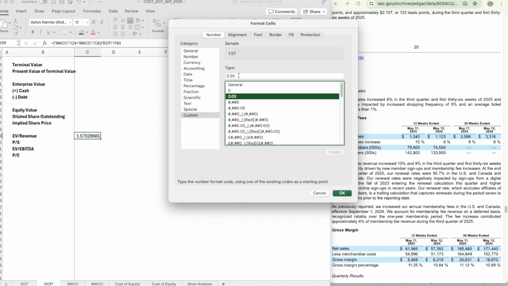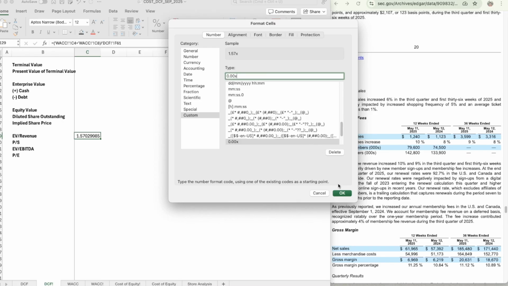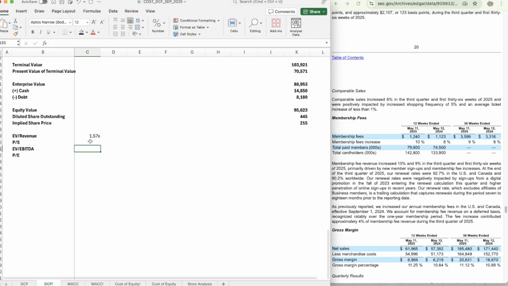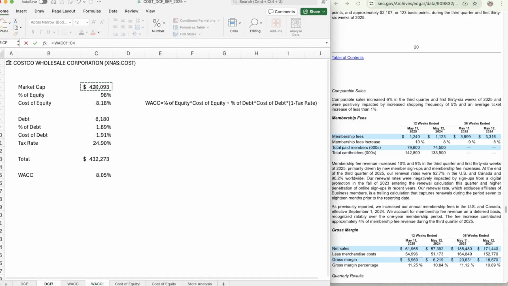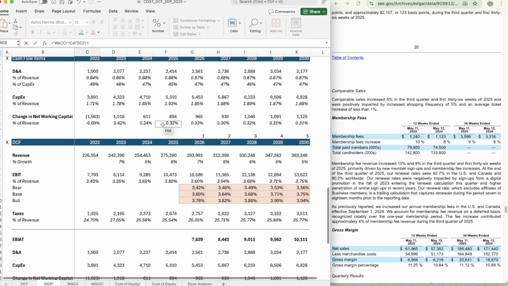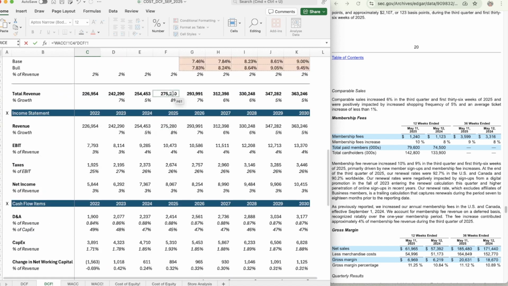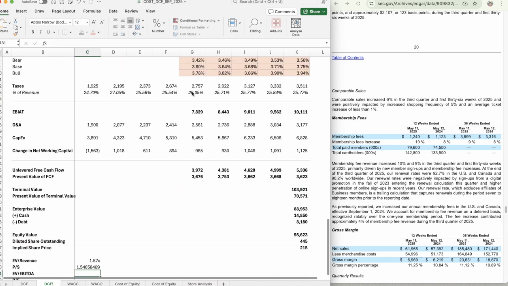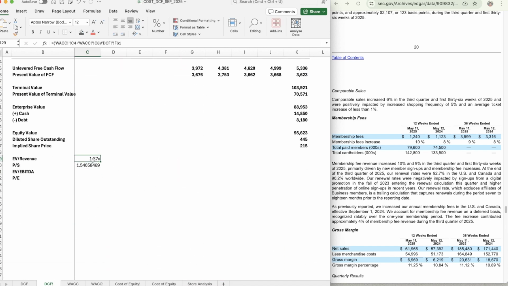And the price to sales, we go market cap divided by the revenue. EV to EBITDA is, what would you call it?